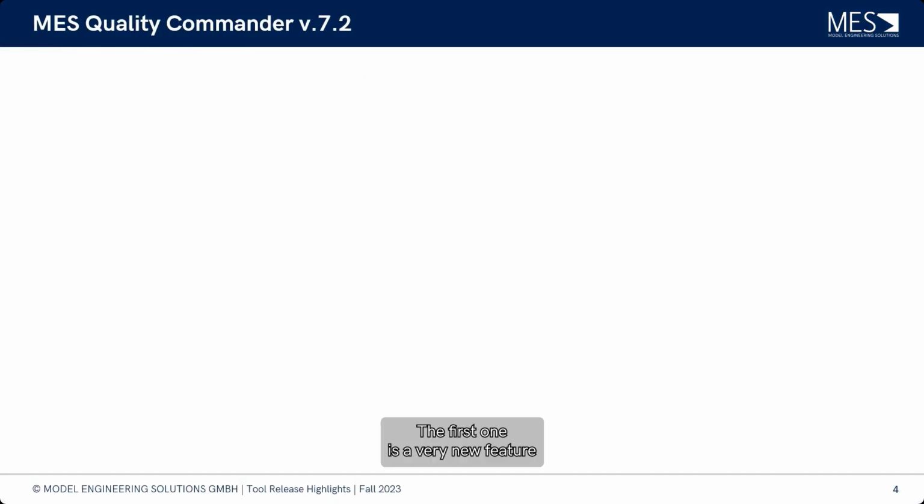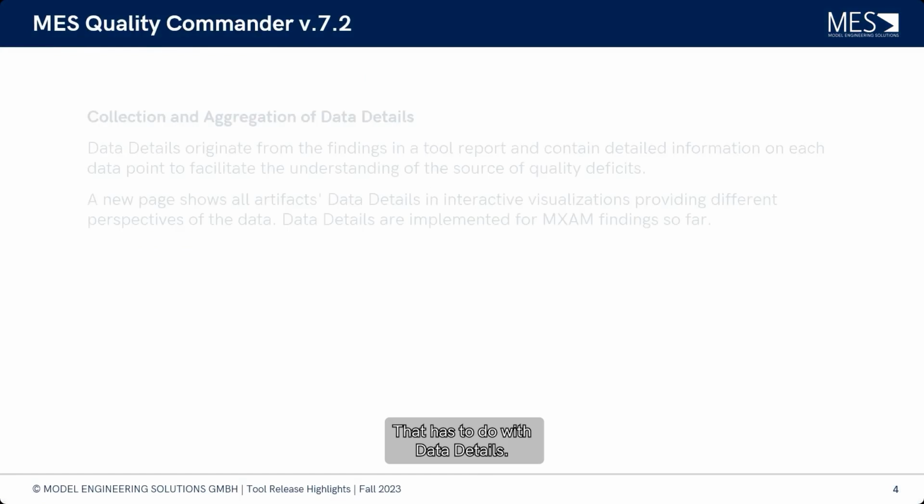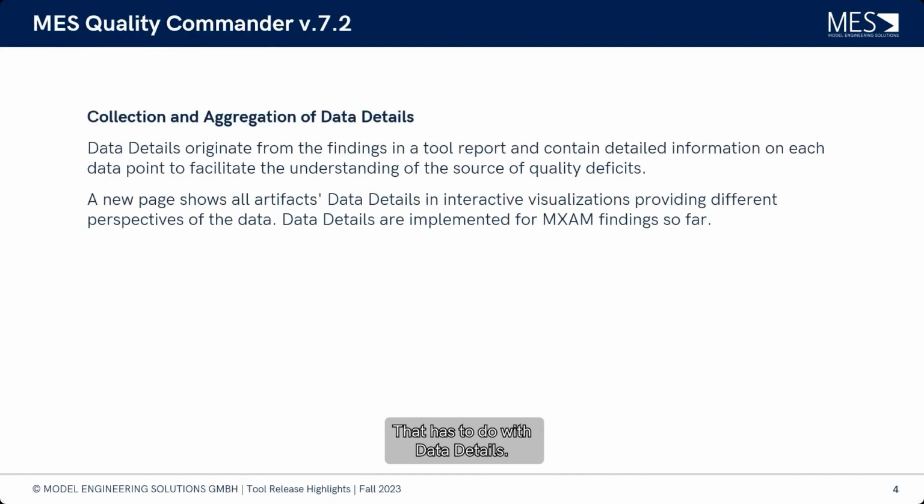The first one is a very new, quite interesting feature that has to do with data details. David, I think it's best if I directly hand over to you to have an understanding of what data details are and what we can do with them in our latest release of MQC.